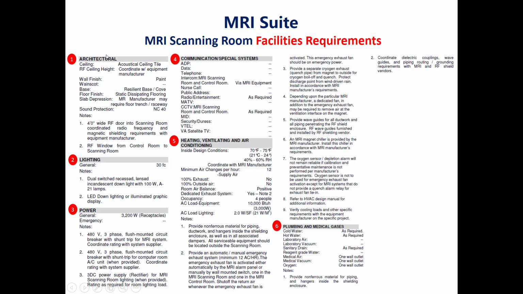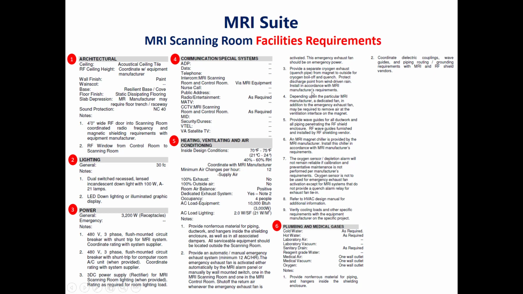So we have different facilities requirements: the architectural, lighting, power, the communication and special systems, the heating, ventilation, and air conditioning, also known as HVAC, and finally, the plumbing and medical gases. These requirements will be based on the standards and guidelines.